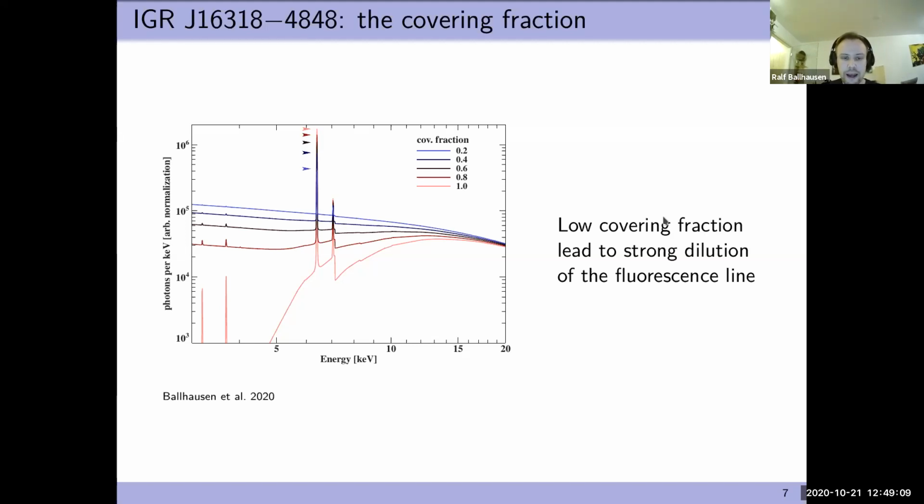And we cannot, with CCD resolution, really resolve the absorption fine structure. So we only have really the edge depth and the line shape and the continuum absorption to look for dust signatures.